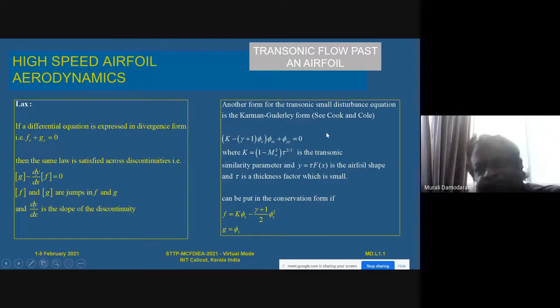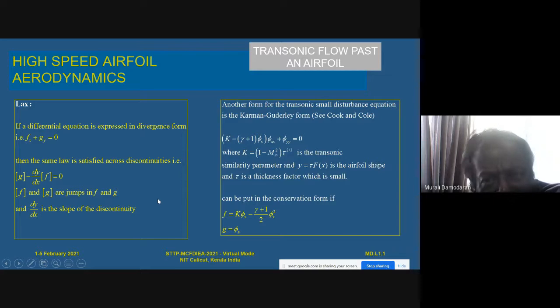If you look at the form of the thin airfoil theory, the potential flow is given like this, where K is a similarity factor, and if you put this in the conservation form, you can put f and g as follows.